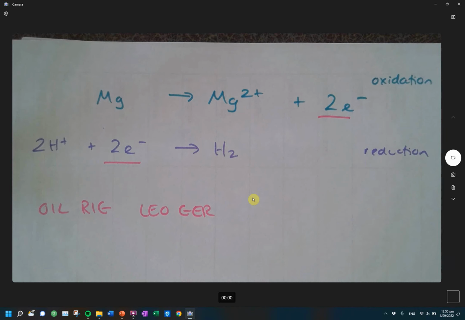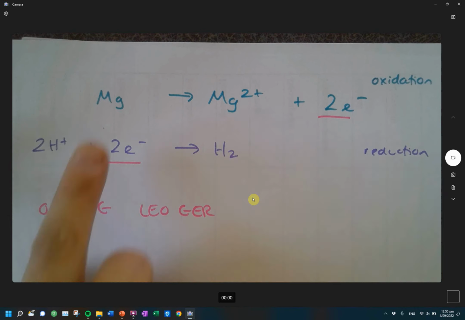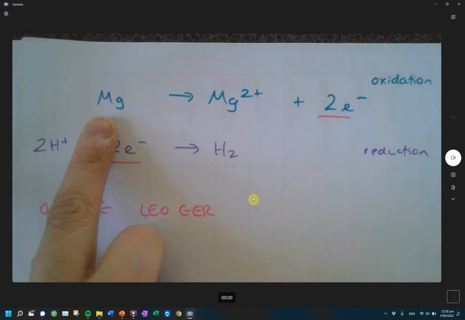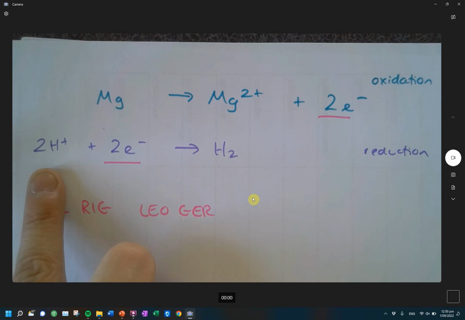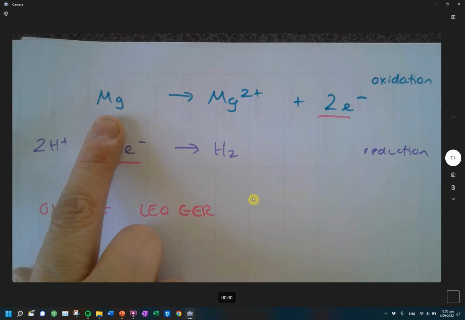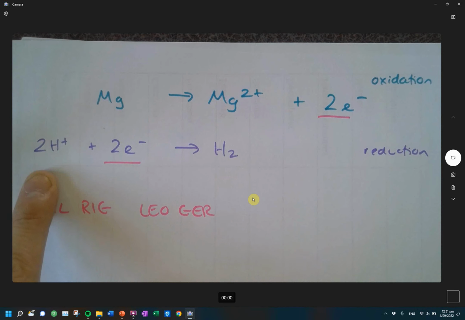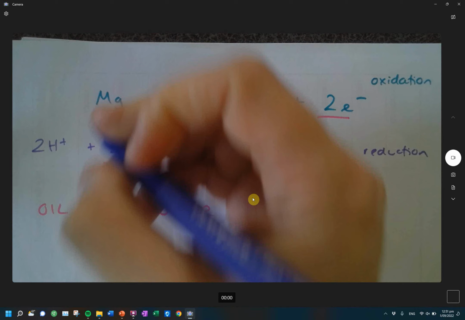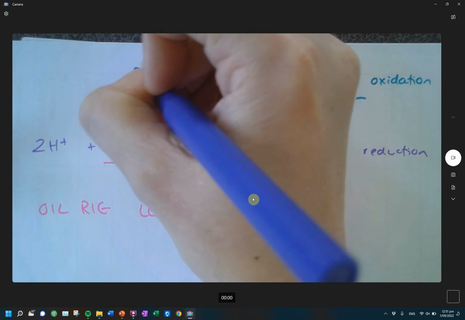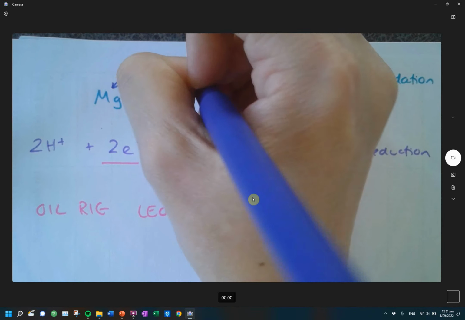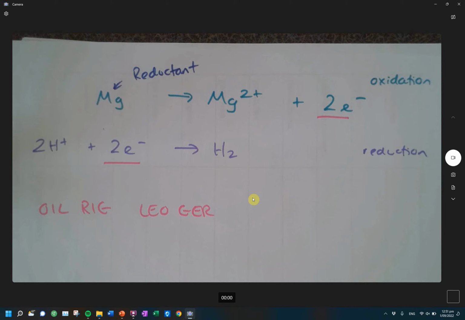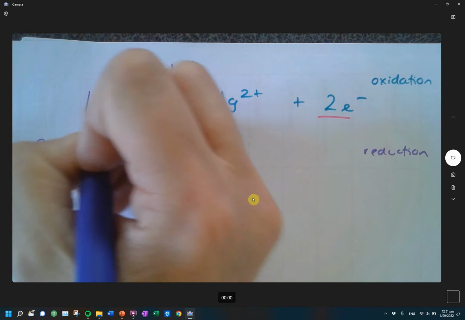When you are talking about oxidant and reductant, you are thinking about what is that reactant doing to the other half of the equation. So since magnesium is providing the electrons to reduce the hydrogen ions, we call that one the reductant. So this is my reductant.